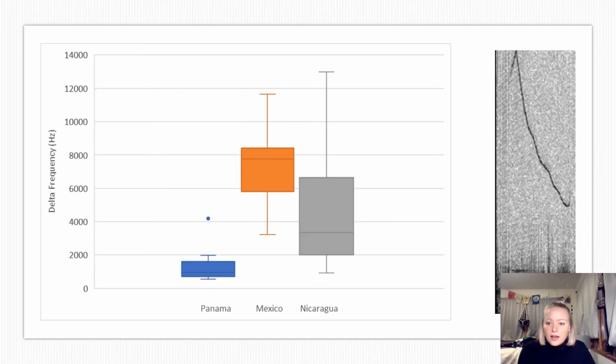And finally, we have our downsweep contour. So Panama, again, very low change in frequency. Nicaragua has the highest overall change in frequency, and Mexico again has the largest median change in frequency.